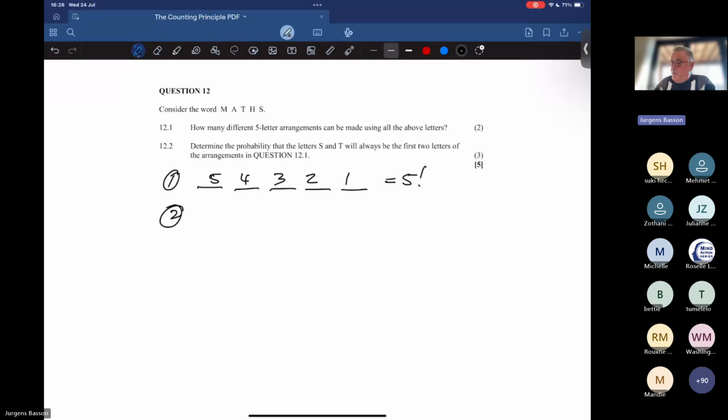When we do the second one, please take note, it's a probability question. Now, the moment I see probability, I would like my denominator. And you agree that is number 1 when we multiply those. So the denominator, 5 factorial. We now need to find the numerator. That is what we want now. Now, what is the restriction?